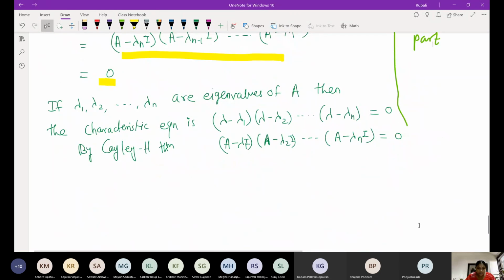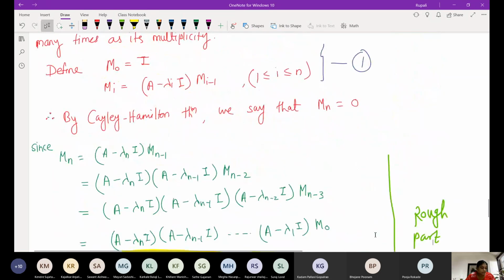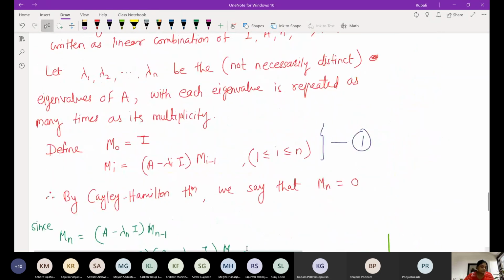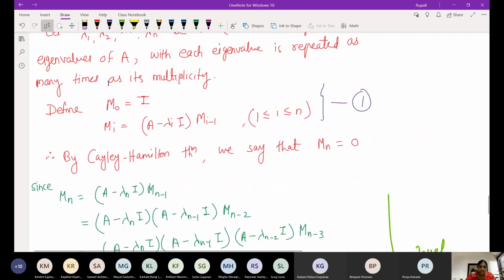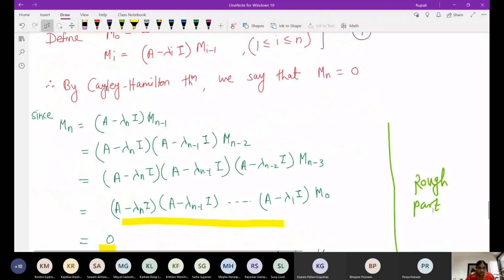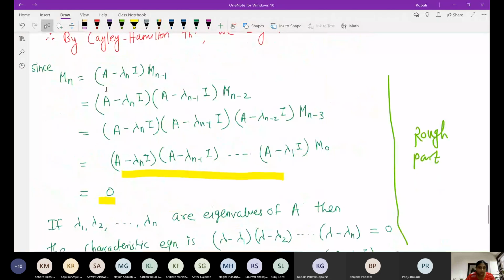By Cayley-Hamilton theorem, we say that Mn is equal to 0. Now from definition 1, we have defined M0 and Mi in this way.